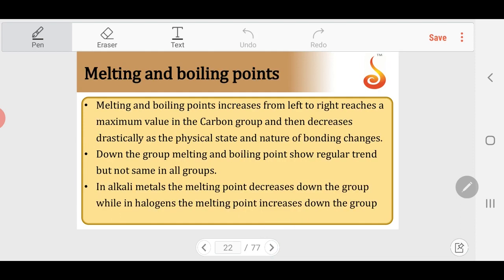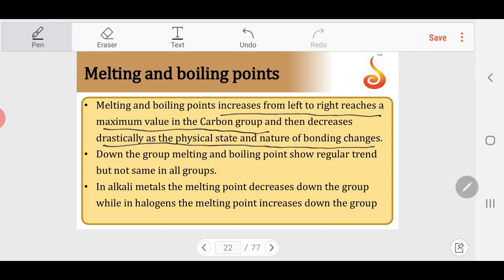Melting and boiling points. Melting and boiling points increase from left to right, reach a maximum in the carbon group and then drastically decrease, because the physical state of the element and the nature of bonding will change. Towards the beginning we have metals and towards the right side we have non-metals, where gases are present.